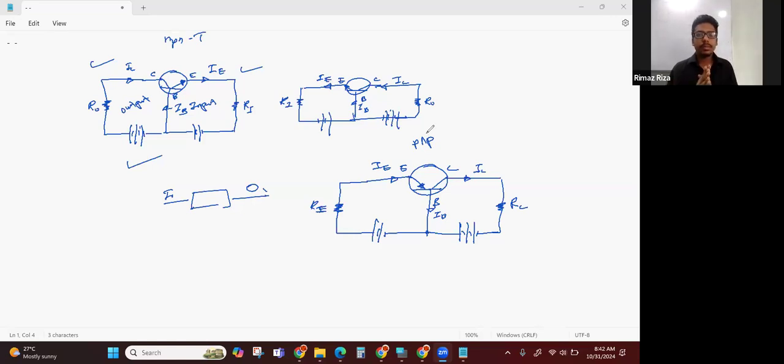With these fundamentals, we can construct the circuit. Now we have done it for the common base configuration. Likewise, with the same fundamental principles, we can construct the circuit for common emitter configuration and common collector configuration. We will see that soon.